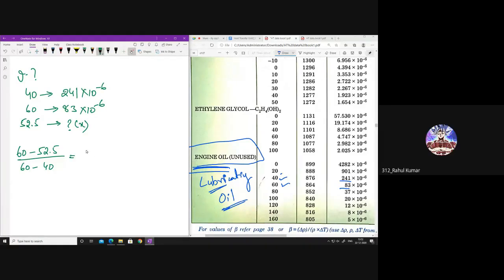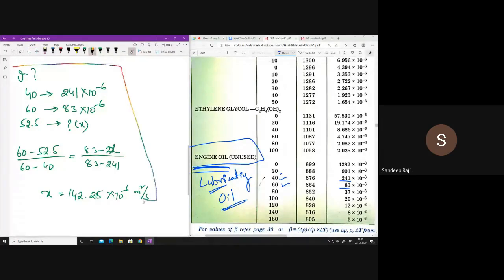It is 142.25 into 10 to the power of minus 6 meters square per second. Anyways, this is all rough work.